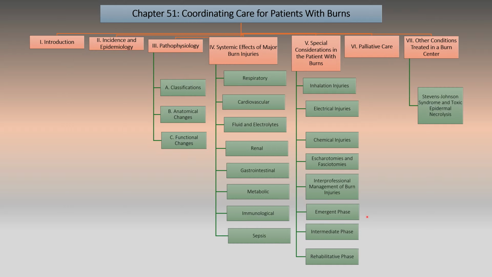Fluid resuscitation: lactated Ringer's, LR, is the fluid of choice, initiated for adults with 20% TBSA or greater burns using the 2 to 4 ml per kilogram per percent TBSA formula.